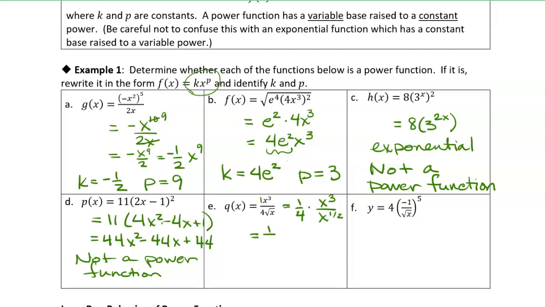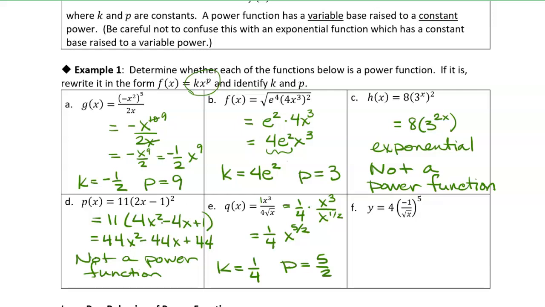So I'm going to get 1/4 x to the 3 minus 1/2. 3 is 6/2 minus 1/2, so we're going to get 5/2. So the power of x is 5/2. So this is a power function. k is equal to 1/4, and p is equal to 5/2.